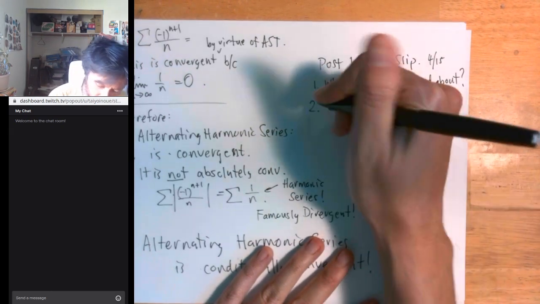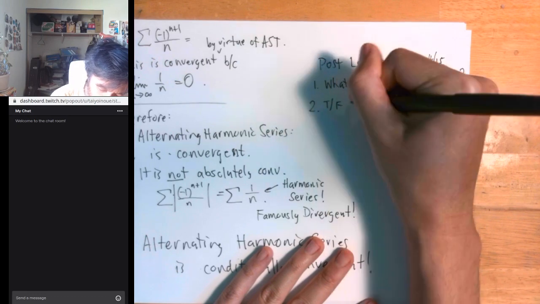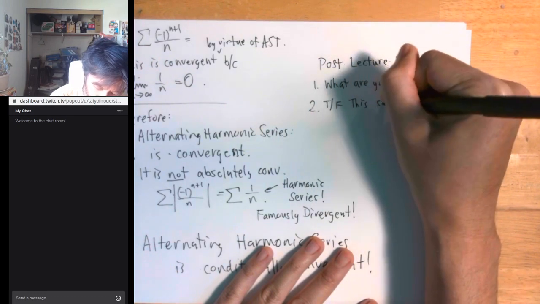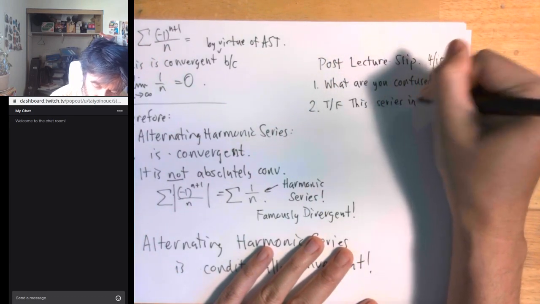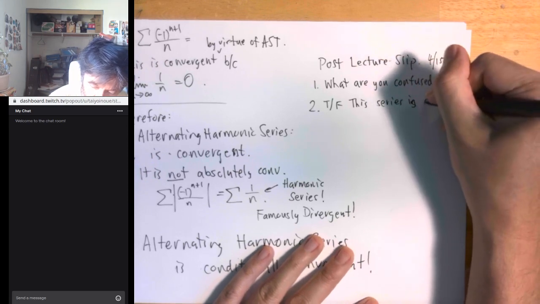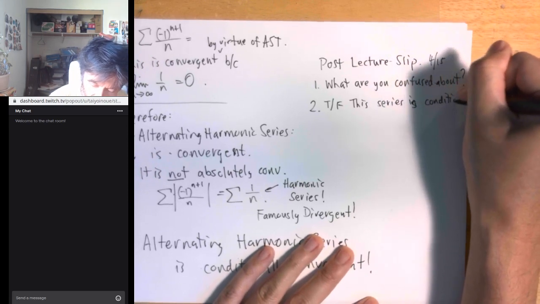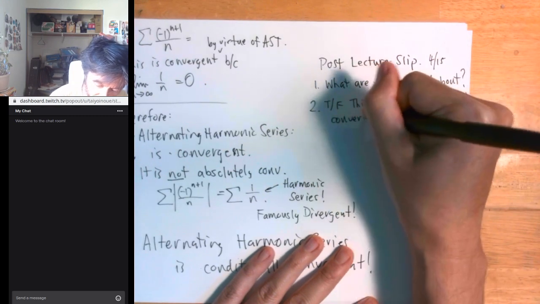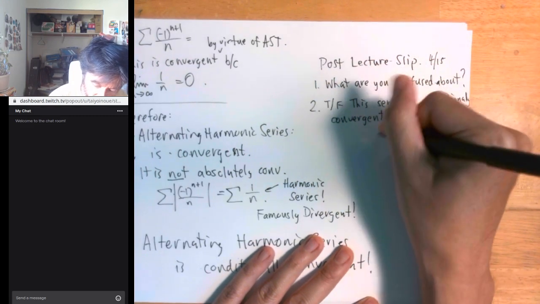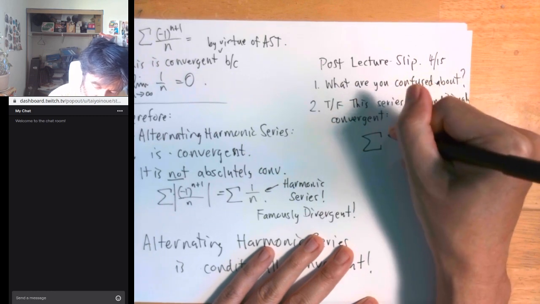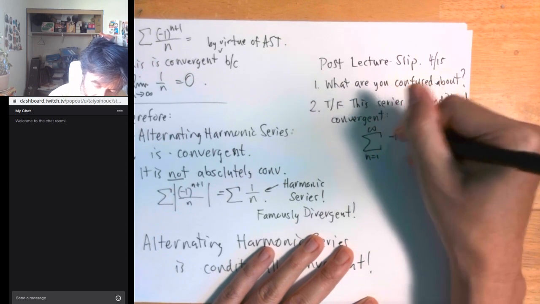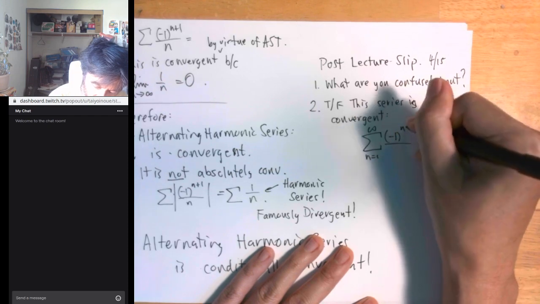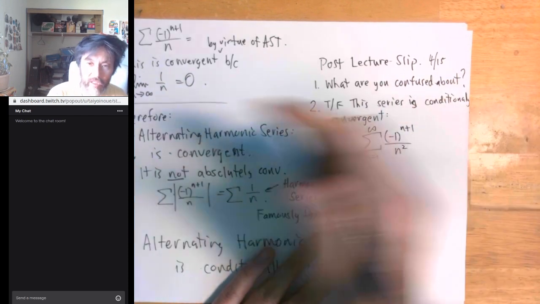What are you confused about? And true or false? This series is conditionally convergent. What series? This series: the sum from n equals 1 to infinity of negative 1 to the n plus 1, let's say, over n squared. Let's just keep it real simple.